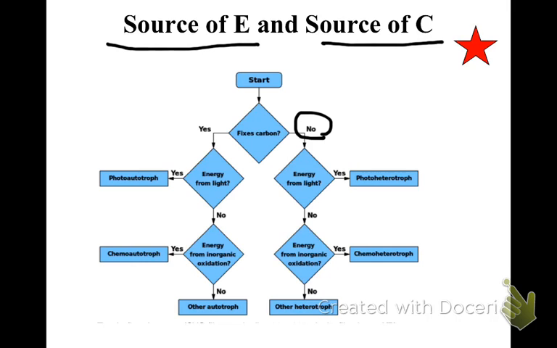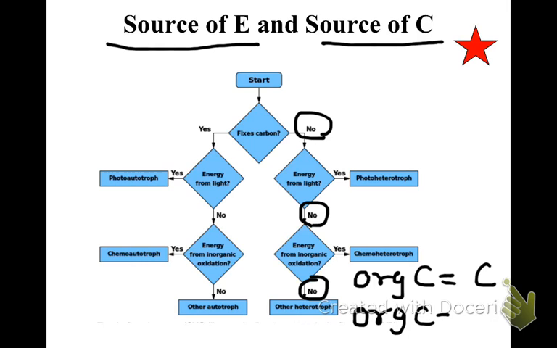Do I get energy from light? No, I don't get energy from light. Do I do inorganic oxidation? No, I don't do inorganic oxidation. What do I use? I use organic carbon, which is my source of carbon, that is my glucose or any other carbon molecule, and my organic compound or chemical is my source of energy.